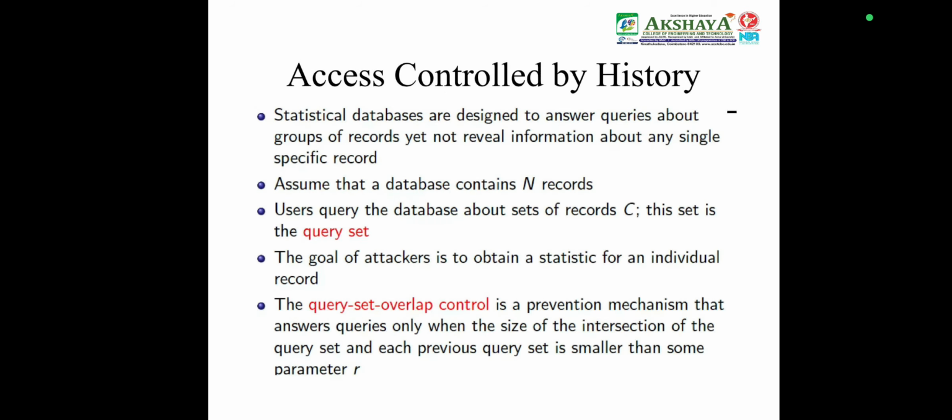The query set overlap control is a prevention mechanism that answers queries only when the size of the intersection of the query set and each previous query set is smaller than some parameter r. In practice, this control would not be used for several reasons, including the need to remember all prior queries.